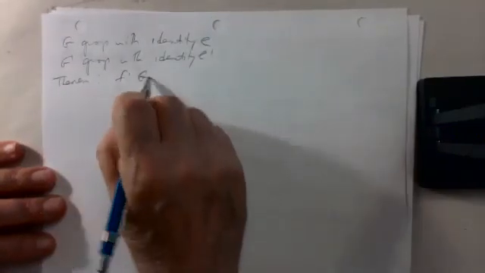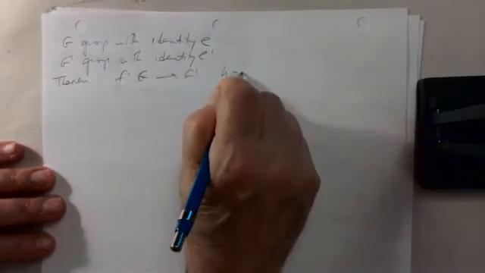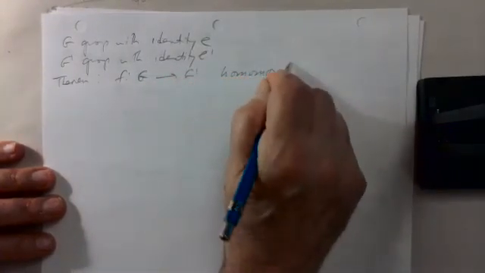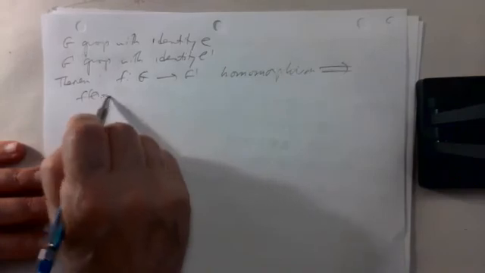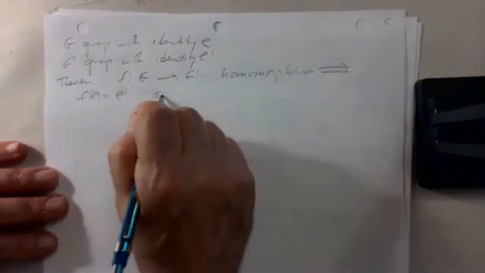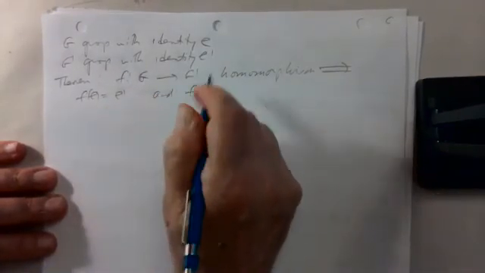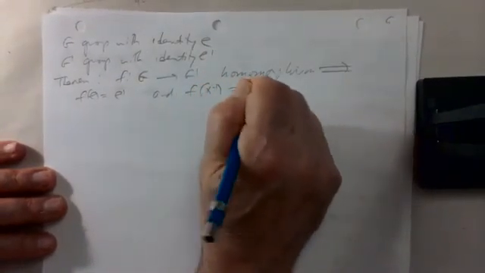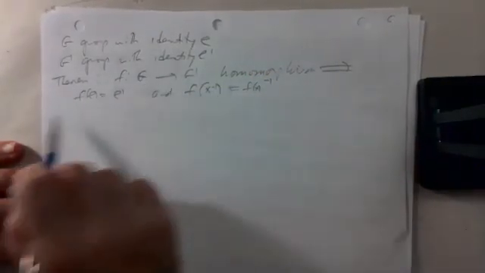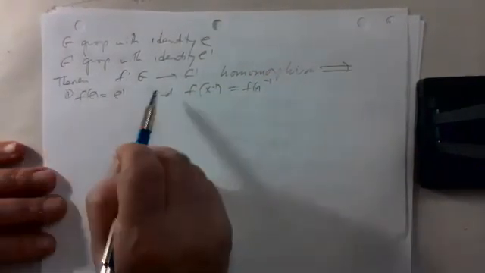If F from G to G prime is a homomorphism, that implies that F of E has to be equal to E prime. And if I apply F to the inverse of any element, that's the inverse of F of X. So every homomorphism satisfies these two properties.